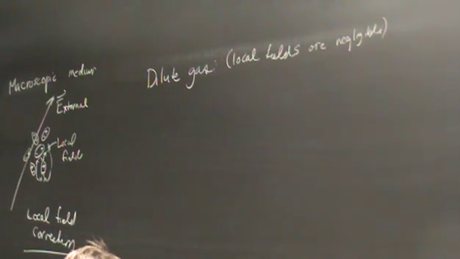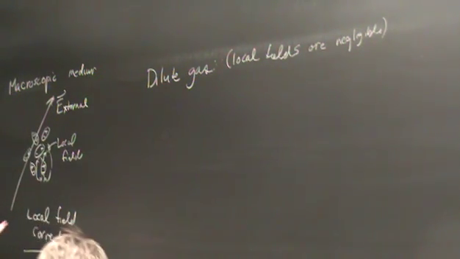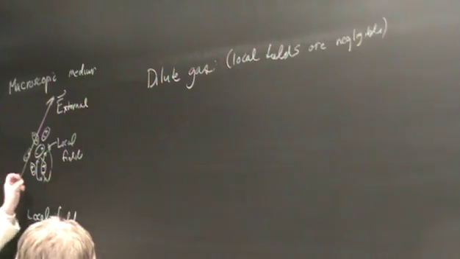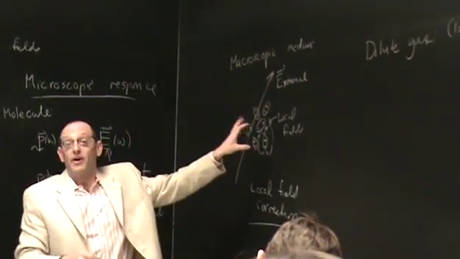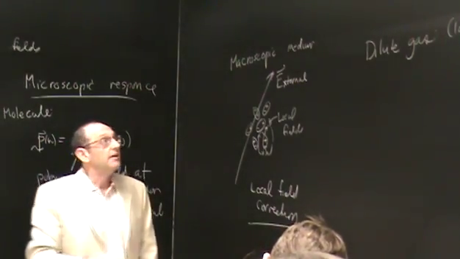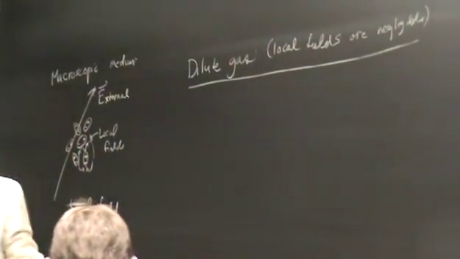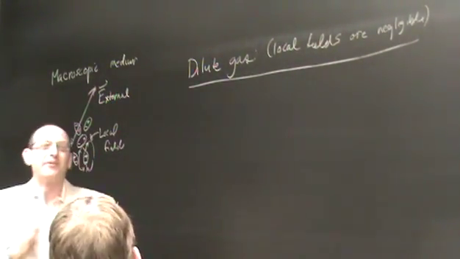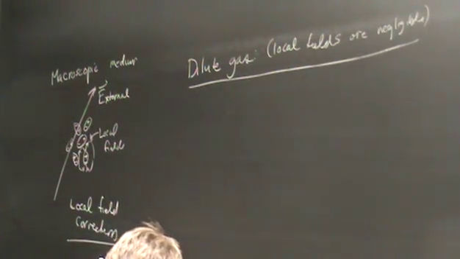If it's sufficiently dilute, say a density of 10 to the 11th atoms per cubic centimeter, that means the distance between them is so big, and the dipole field falls off like 1 over r cubed, that I can ignore those local fields. So if I have a dilute gas where I can ignore the local field corrections, then I can write down a very simple relationship between the susceptibility and the polarizability.